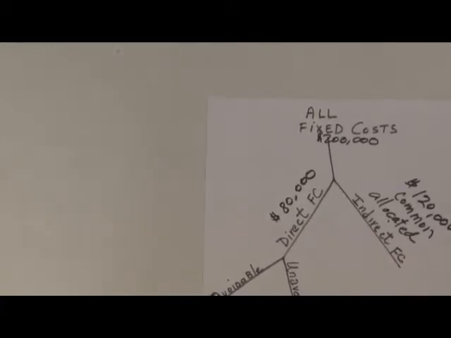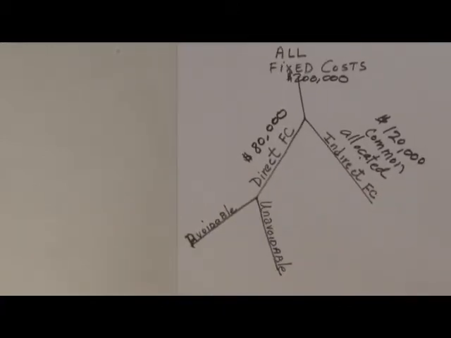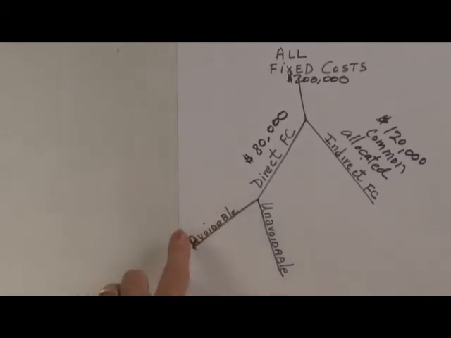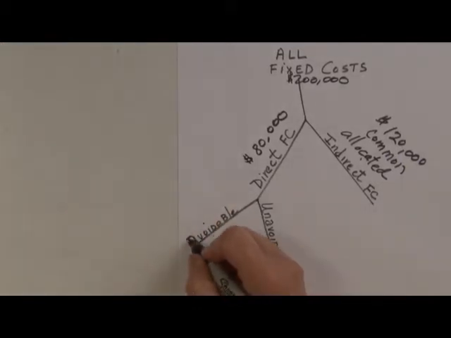If we look at the direct costs, then management will have to make some serious decisions before we can decide which are avoidable or unavoidable direct fixed cost. Let me give you an example.